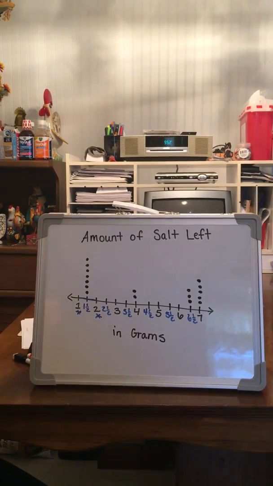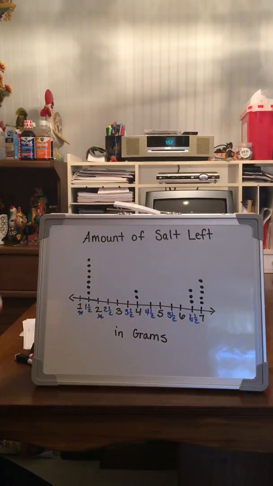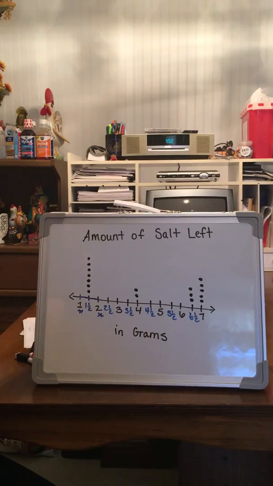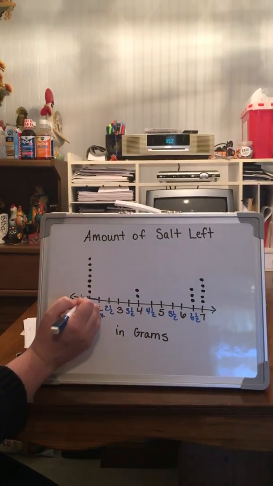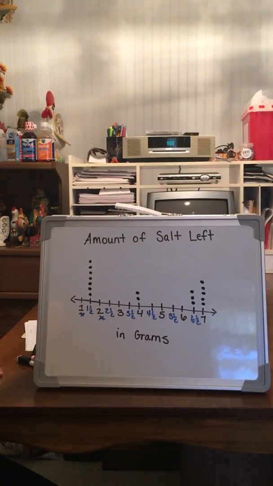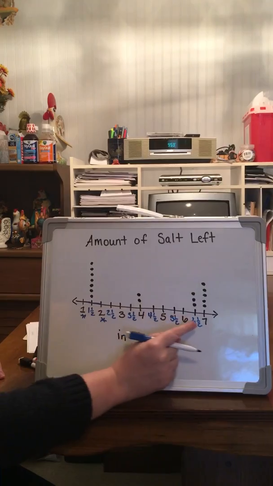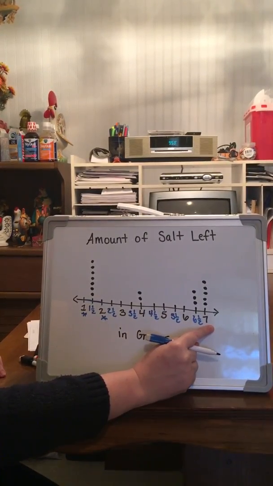Okay? The question here is we're going to find the total amount of salt that is left. So we're going to count all of these dots individually. Remember that each one of these dots represents 1 1/2. Each one of these dots represents 4. Each one of these dots represents 6 1/2, and each one of these dots represents 7.